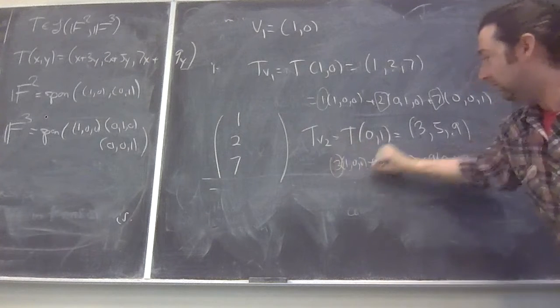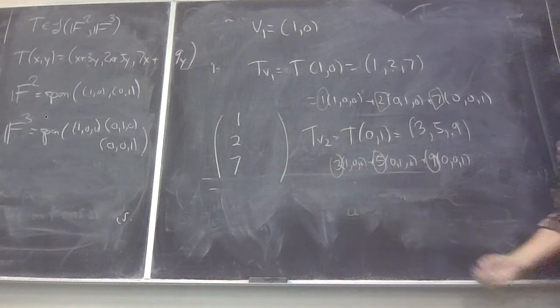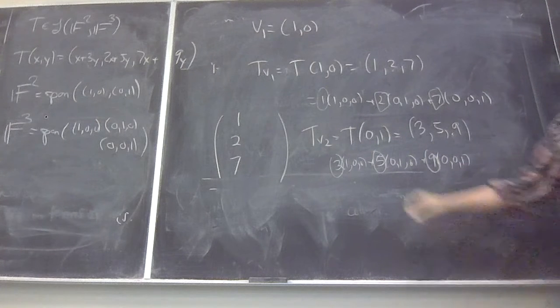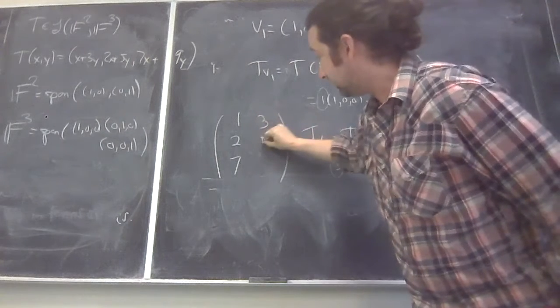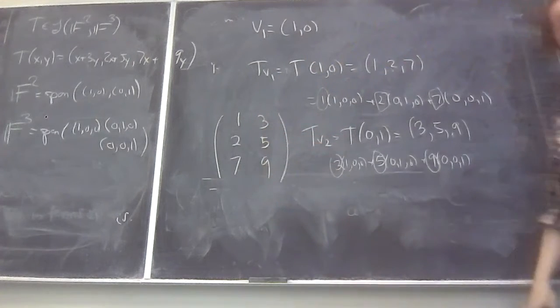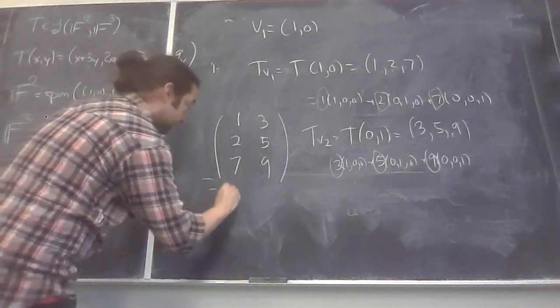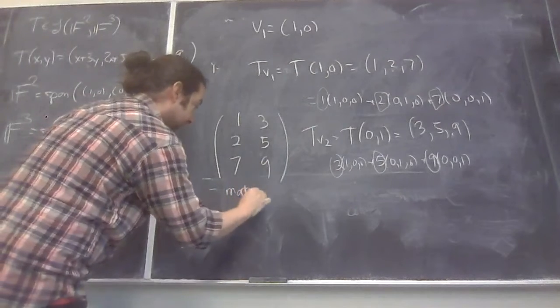The 3, the 5, and the 9 were the coefficients of the output with respect to the output basis. So 3, 5, 9. That is the matrix that represents the map with respect to this basis and this one. If the basis had changed, the matrix would change. Make sense? So this is the matrix for T.